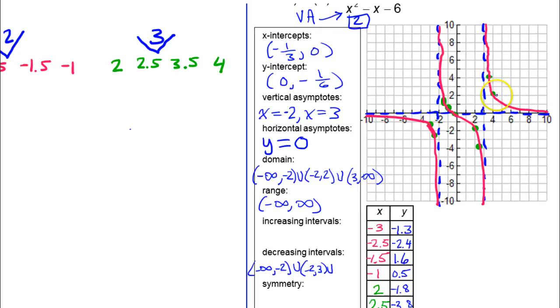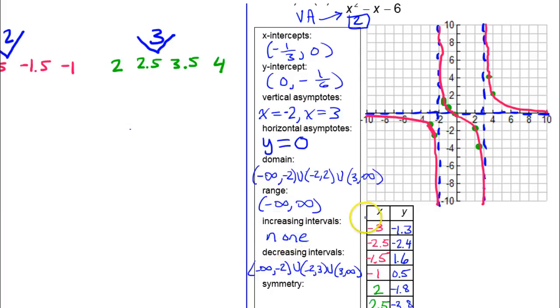And from left to right, this is decreasing as well. So it's picking up from the vertical asymptote, and it goes to the right forever. So that's going to be 3 to infinity. So every part of this graph is decreasing, decreasing, decreasing, and decreasing. So there are no increasing intervals.